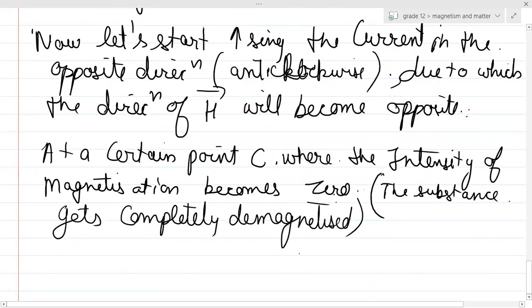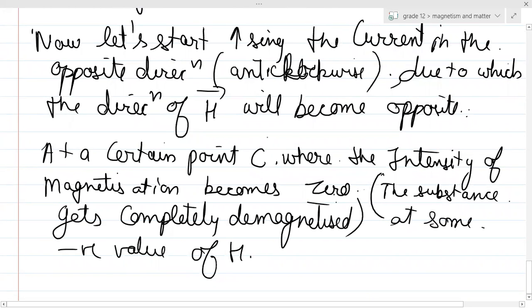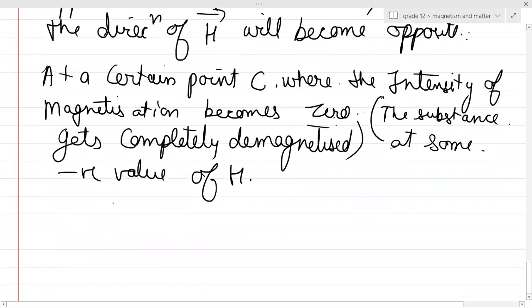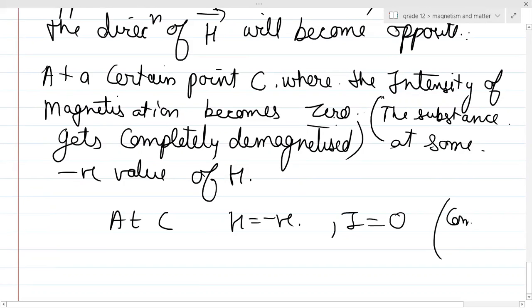Yes or no? I made the intensity of magnetization zero at some negative value of H. The point C is basically that point where intensity becomes 0. So you can write it in short: at point C, when H is a certain negative value, I will become 0. That implies it will completely demagnetize.